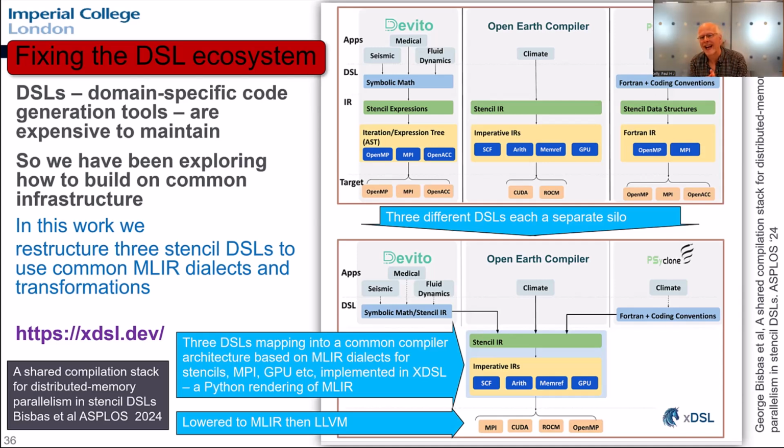So the performance advantage here, the productivity advantage, we built a Python rendering of the MLIR abstraction with an automated two-way street to the C++ MLIR. You can build an MLIR in MLIR, export it into XDSL, do stuff here, re-import it back into MLIR, and you can do the same thing in reverse.